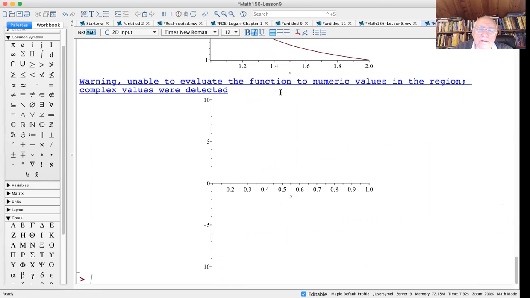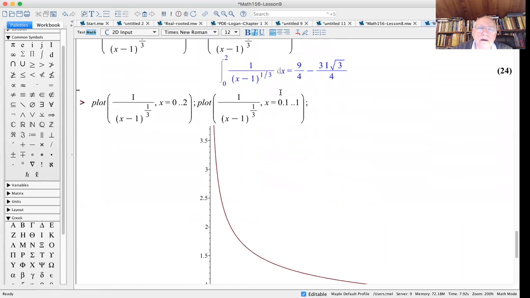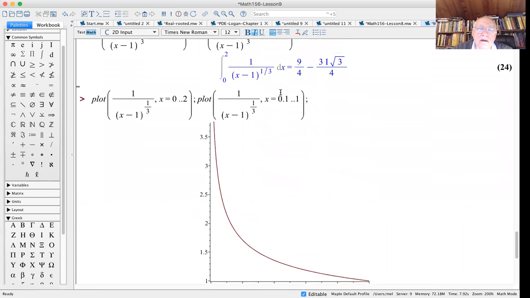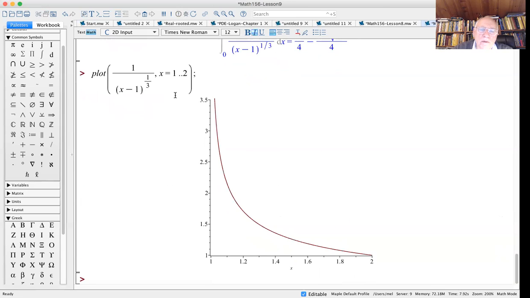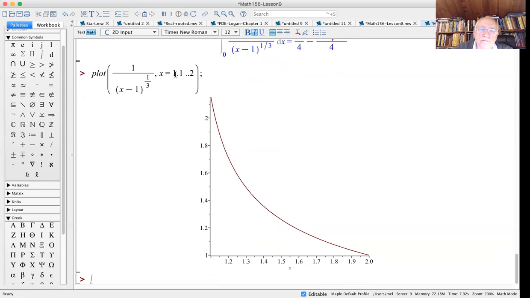Does that make it easier? So as x goes to 1, this is positive, but going to 0.